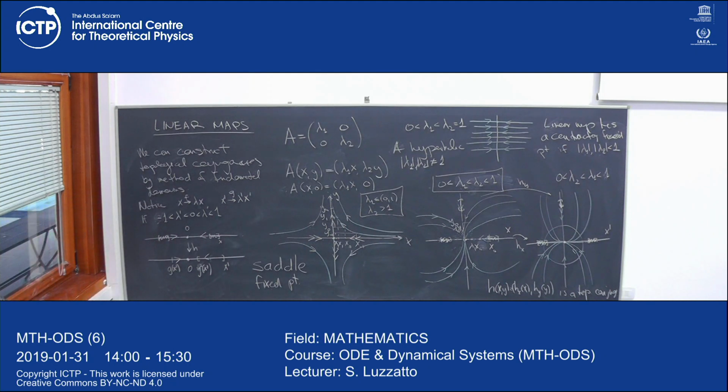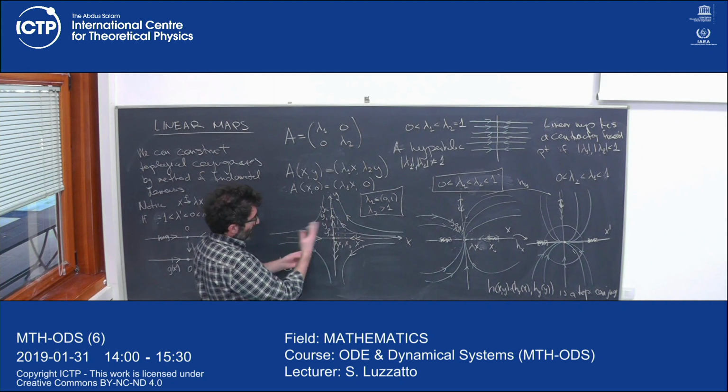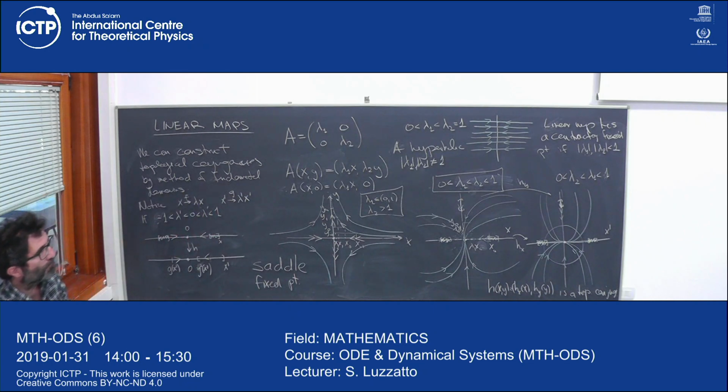They're not topologically conjugate. And similarly for the saddle. For the saddle fixed point, one is positive, one is negative, but if the signs do not correspond, then they're not topologically conjugate.